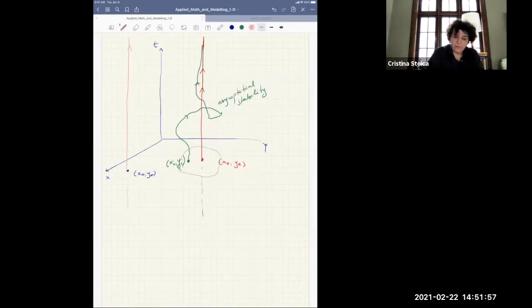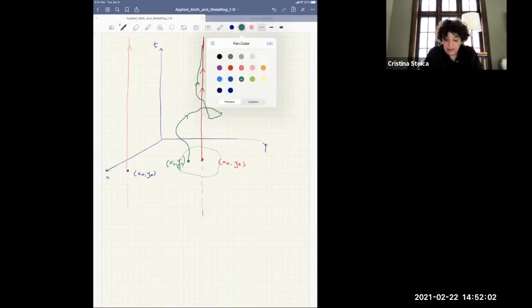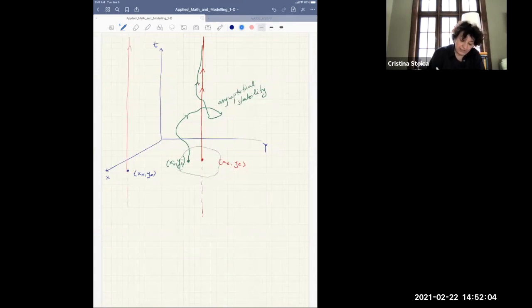But now when I'm talking about stability that is not necessarily asymptotic, I start close, I will not go far, but I'm not necessarily tending to that pink line. I'll just go around, maybe something like this. This is just stable. So this would be a stable solution, a stable equilibrium.